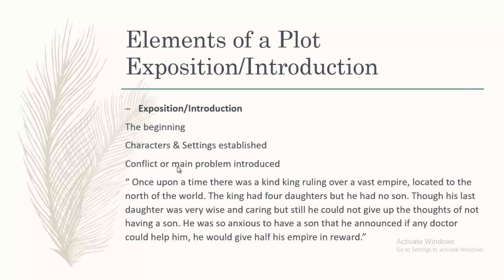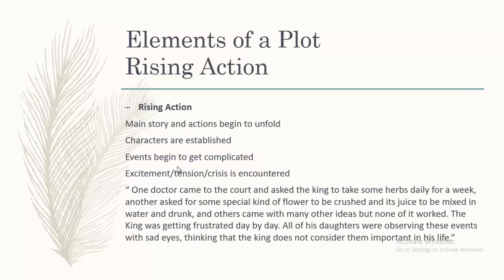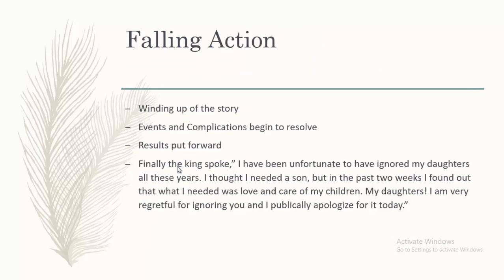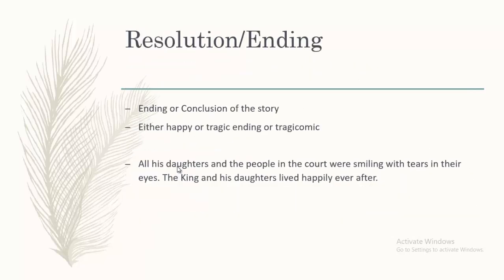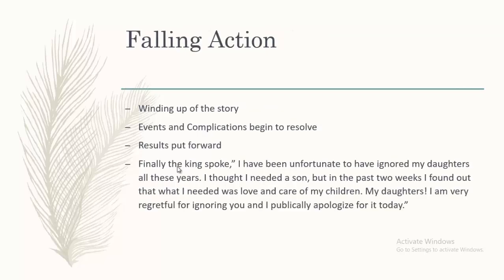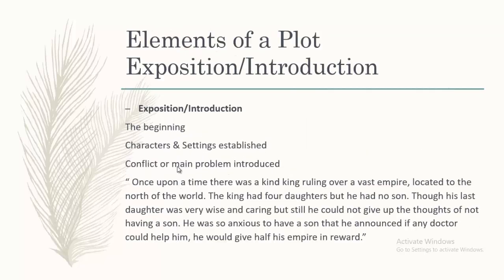Now the plot is also divided into certain parts, and a plot is generally divided into five pieces. The first one is introduction, then we have rising action, climax, falling action, and the resolution or ending. So these make up 1, 2, 3, 4 and 5 main parts of the plot structure.